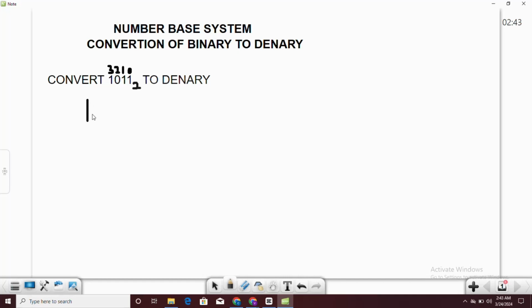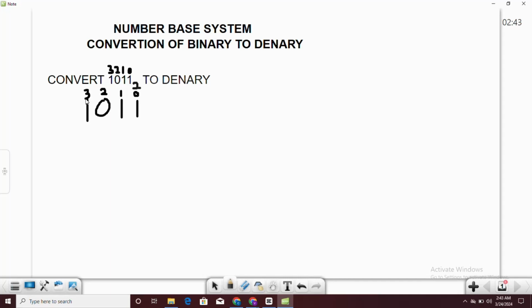Here this one will be raised to power 0. Anything raised to power 0 is 1, and anytime we multiply by 1, we still get the same thing. This one will be 1. Then we have 2, we have 3.